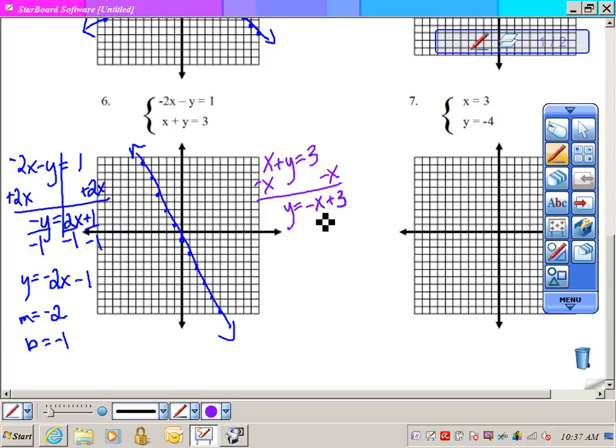If it's slope-intercept form, you want the x term first, right? So my m is negative 1. My b is 3, so I'm starting from 3. And from there, what do I do? Down 1 over 1.